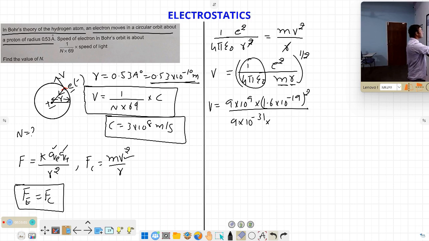The radius of the orbit is 0.53, which I can write as 53 into 10 power minus 12, and the whole power 1 by 2.